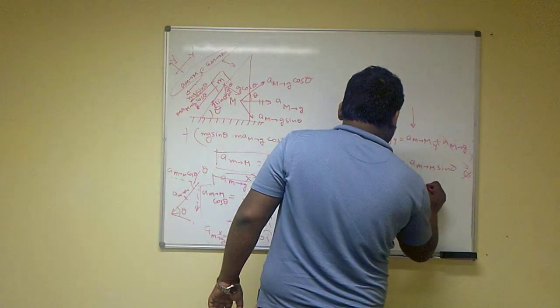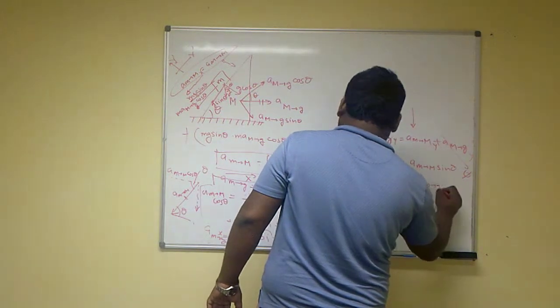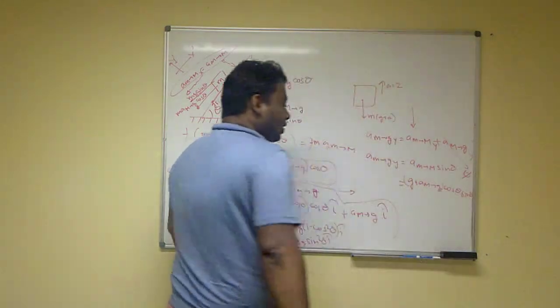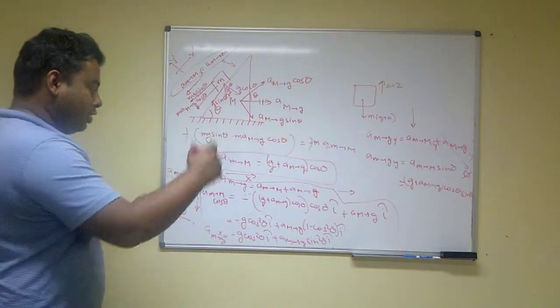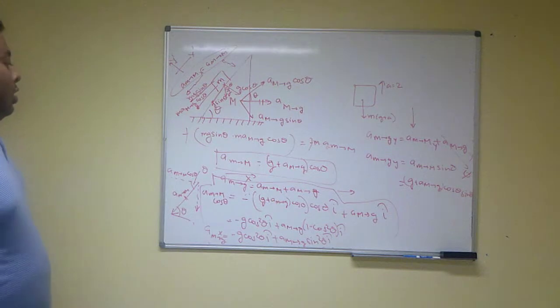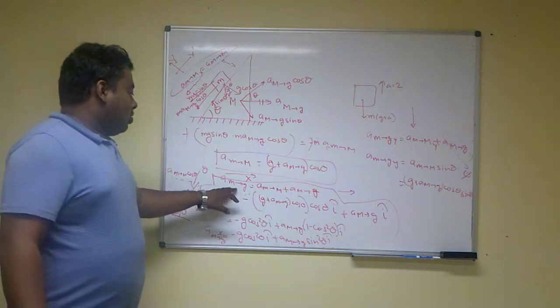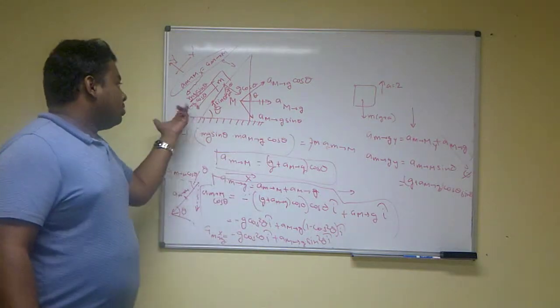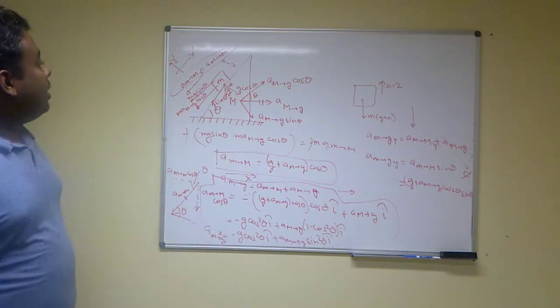So this is g plus am with capital cos theta sin theta, which you can write as sin 2 theta divided by 2 cos theta sin theta. So once you get the small m acceleration with respect to ground in the x direction and y direction, you have solved this problem.